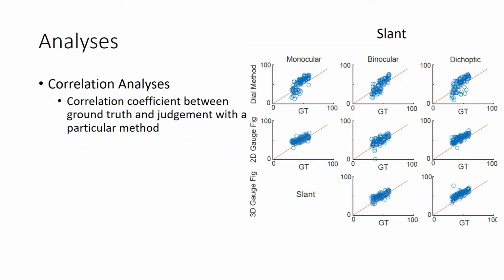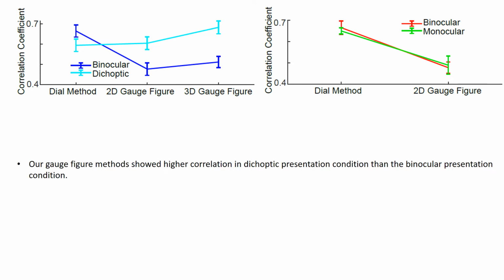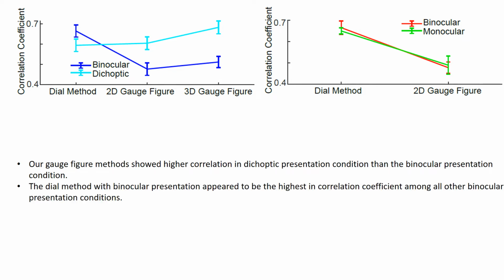First of all, we did a correlation analysis for each condition. The slope and intercept can also show us the response pattern in each condition. As you can tell from the data, our gauge figure method showed higher correlation in dichoptic presentation condition than the binocular presentation condition.